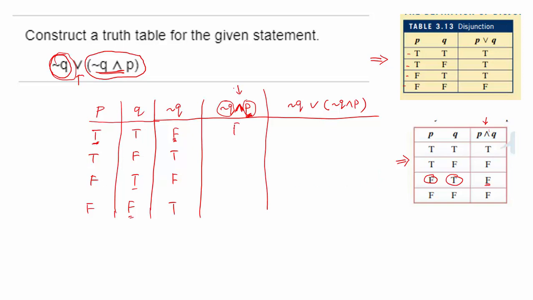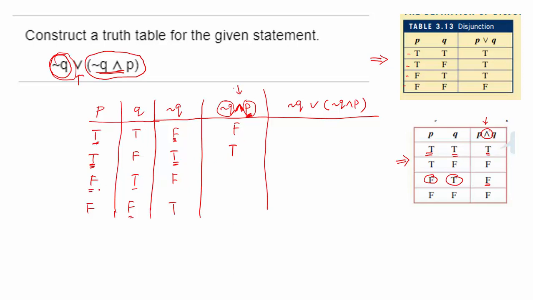So you should put an F here. Now look at the second combination. The negation of Q is true, and P is also true. So you have a true, true combination, and the and statement should be true. So you should put a T here.